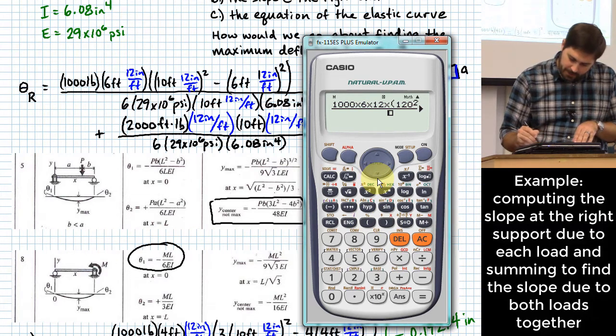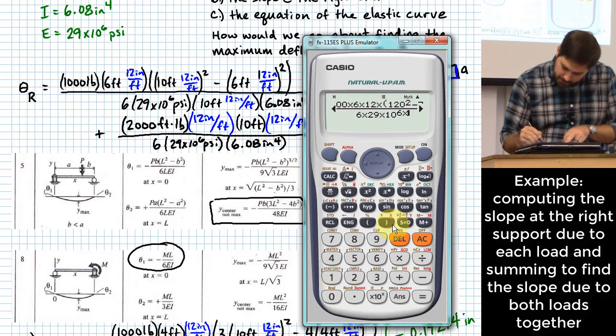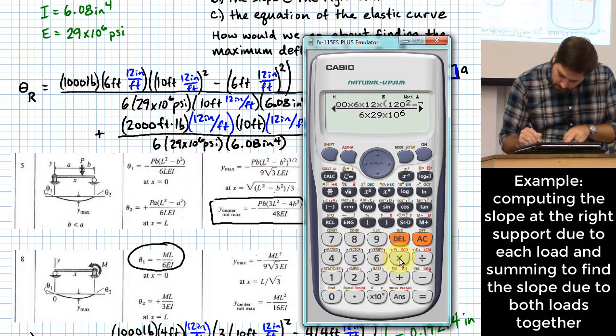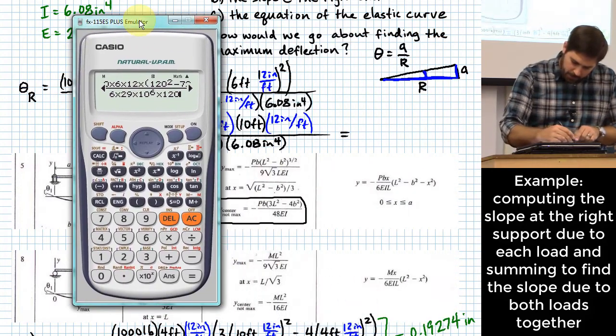Okay, in the denominator, let me put 6 times 29 times 10 to the 6th times 120. Whoops. Times 6.08.